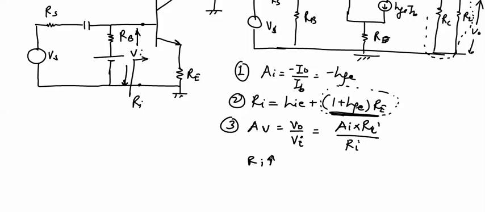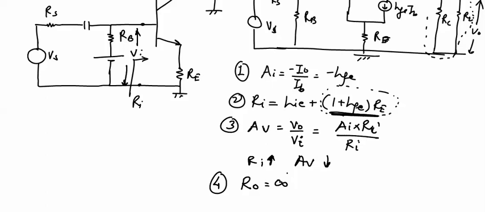If Ri increases, then AV decreases. So we can say that the voltage gain of amplifier decreases with unbypassed Re. If Re is bypassed, the voltage gain will be high, and if Re is unbypassed, the voltage gain will be low. Fourth parameter, voltage gain, as it was in the earlier case, this time will be considered as infinite.